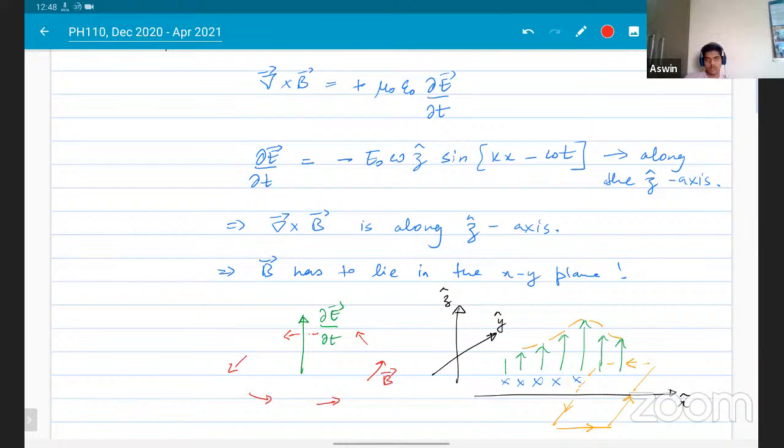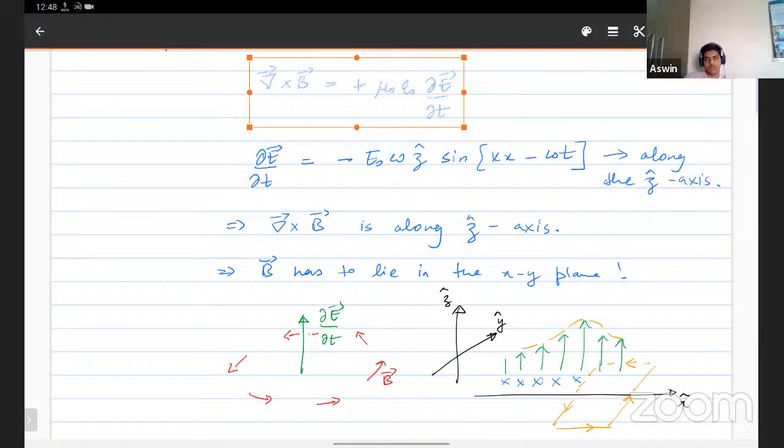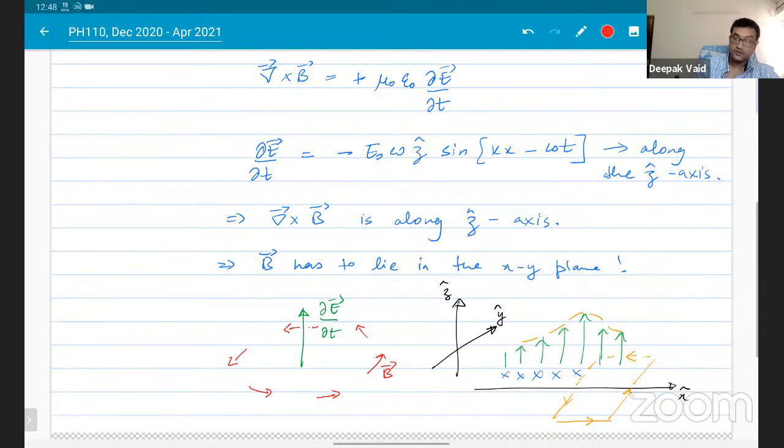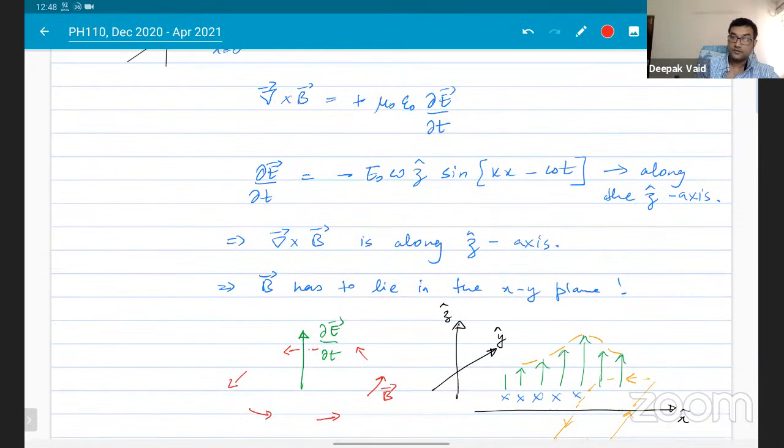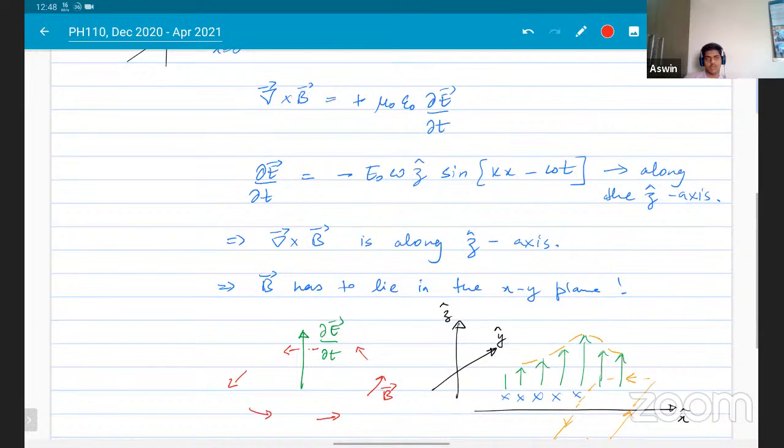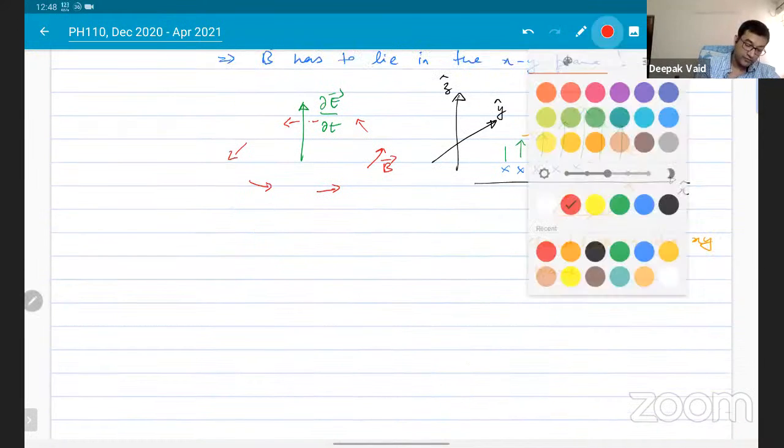Ampere's law. By using Ampere's law, well, and what? Which theorem? There is a certain theorem, right? Stokes theorem, or Stokes law. I would use Stokes law.